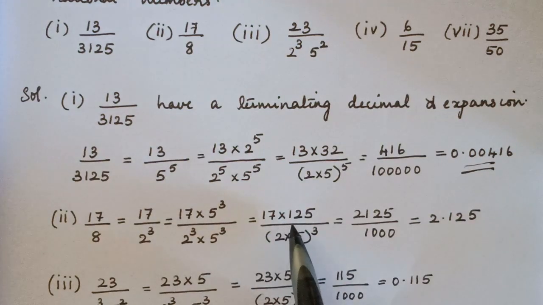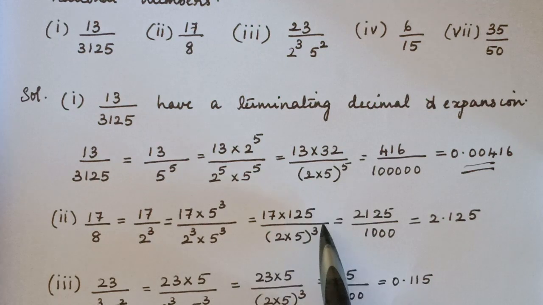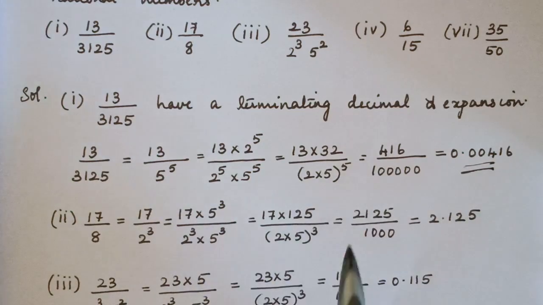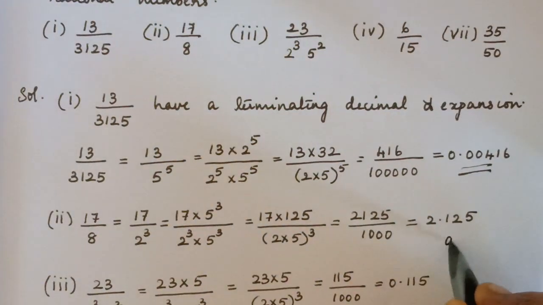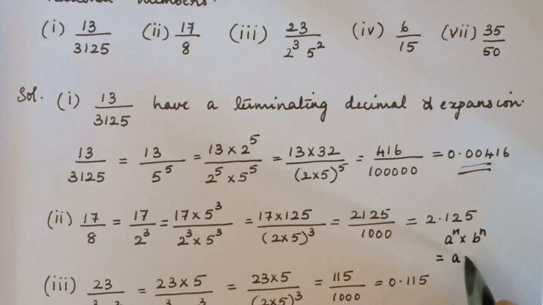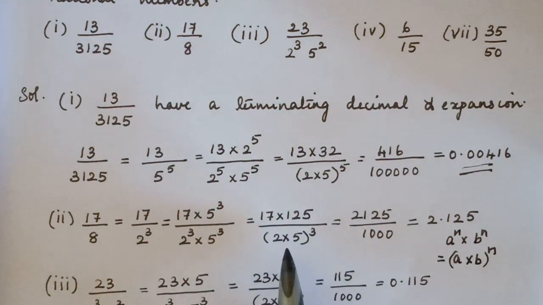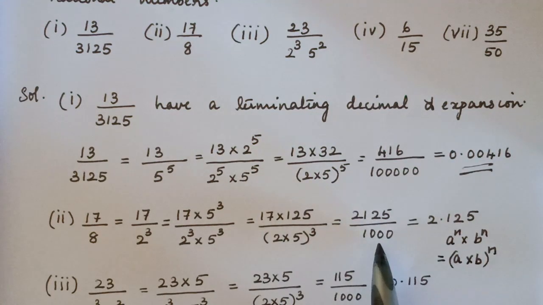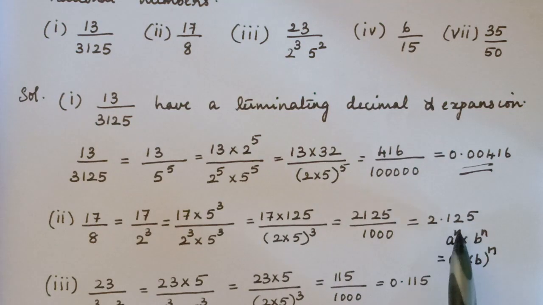So the numerator you will get as 17 into 125 by 2 into 5 the whole cube, because we know a raised to n into b raised to n is equal to a into b the whole raised to n. So we can write it as 2 into 5 the whole cube, which is equal to 2125 by 1000.